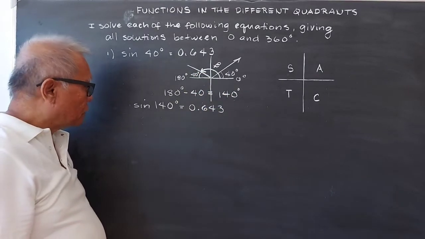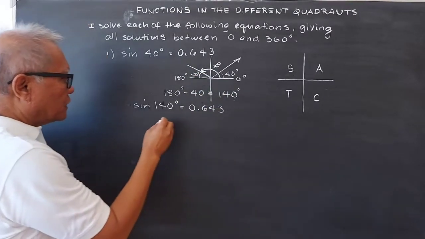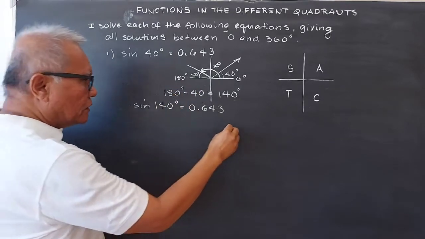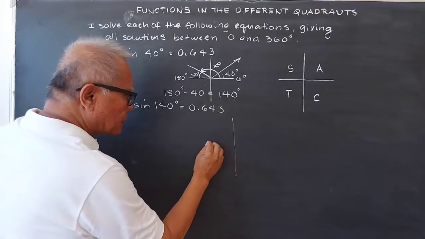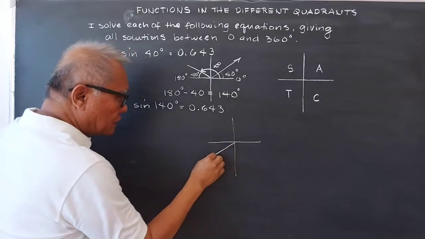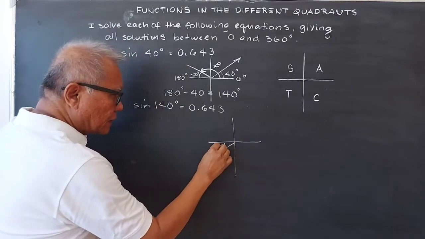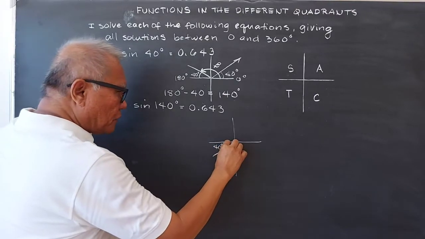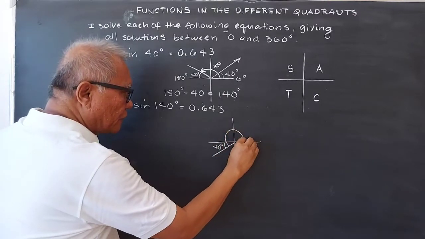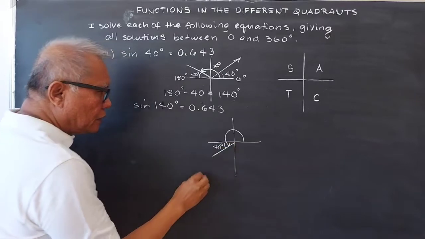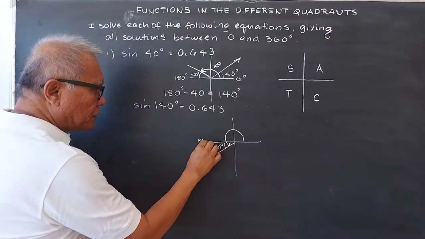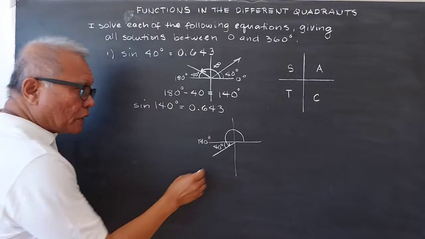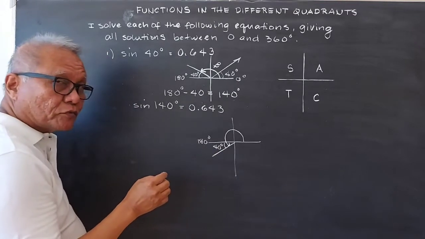Now, if you want to find the sine of this function in the third and fourth quadrant, yes, we can do so. In the third quadrant, it will be like this. Third quadrant, this is again our 40, and then we are going to get this whole thing here, from here up to here. So this one is 180 degrees. Now we are going to add the 40, not subtract.